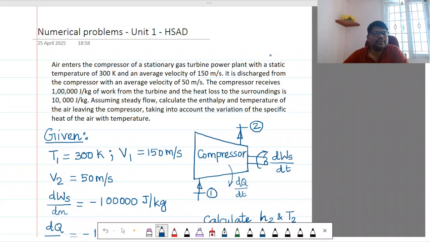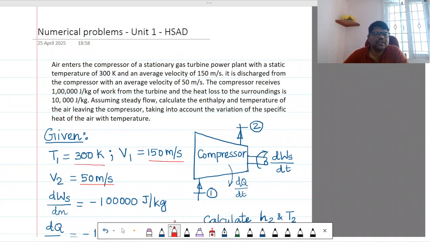In this problem, they have given the temperature at the inlet and velocity at the inlet as 300 Kelvin and 150 meter per second. At the exit of the compressor, the velocity is given as 50 meter per second.